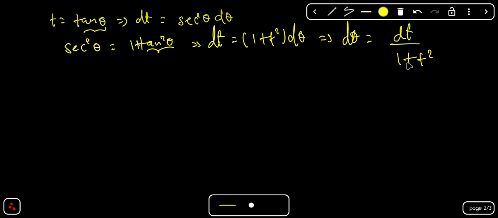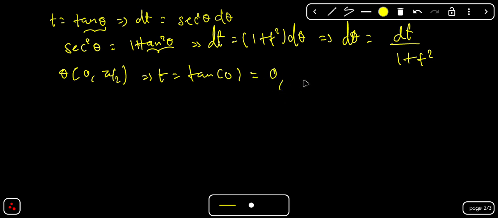And then the limit is also going to change. Before, the limit is theta from 0 to pi over 2. So now let's find the limit for t. When theta is equal to 0, t will be equal to tan 0, and tan 0 will give us 0.